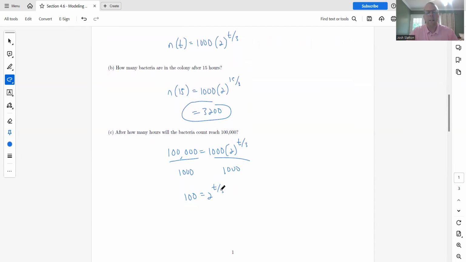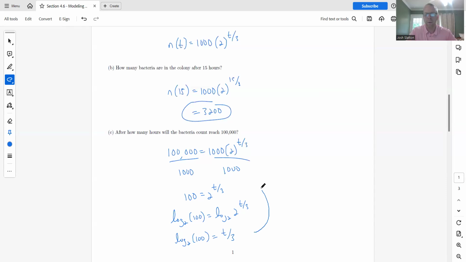And then we can take the log. You can take any log that you want. You can do ln on both sides if you want, but I think it's easiest if you just do log base 2, and then that will cancel out the 2. So log base 2 of 100 equals log base 2 of 2 to the t over 3, then the log base 2 and the 2 cancel, and we end up with log base 2 of 100 equals t over 3.